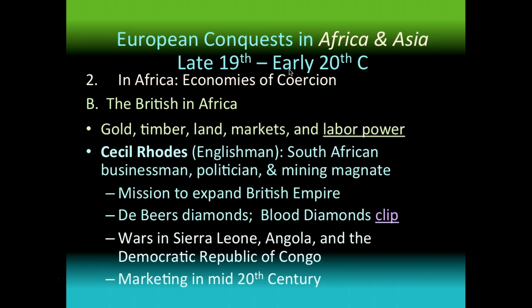And they're called blood diamonds because these militia groups would make money off of diamonds and then buy weaponry, AK-47s, whatever, and that's how they conducted their war.